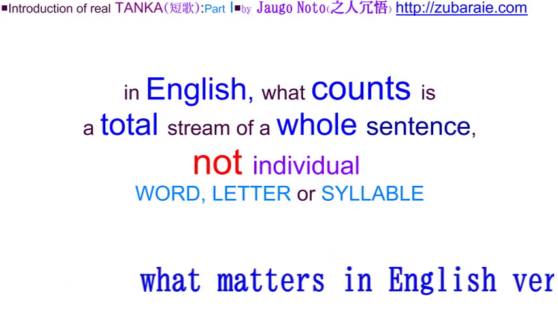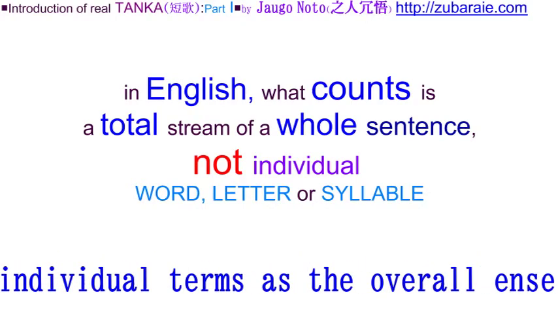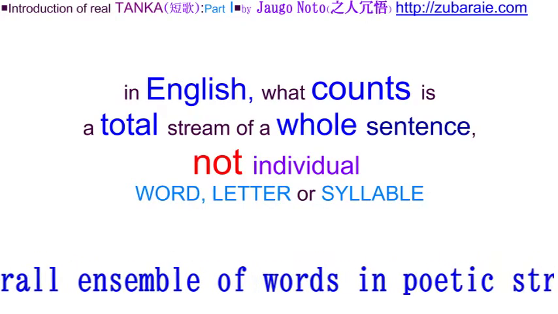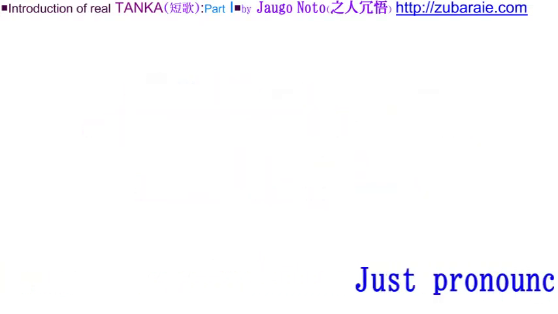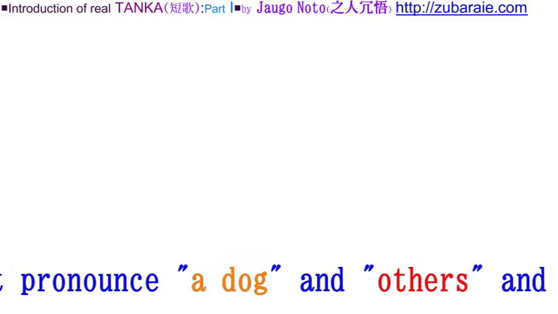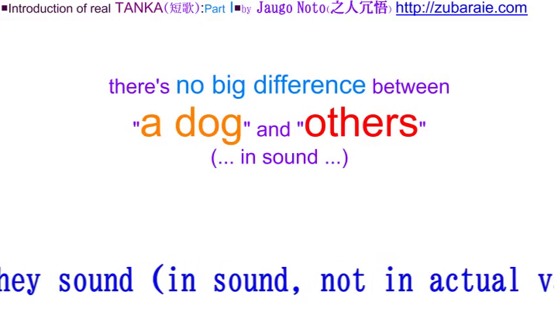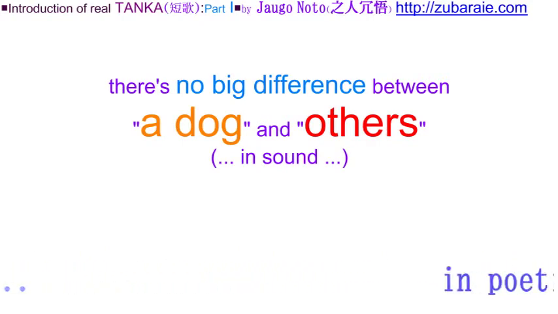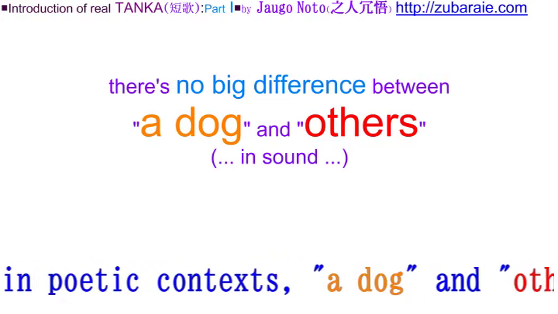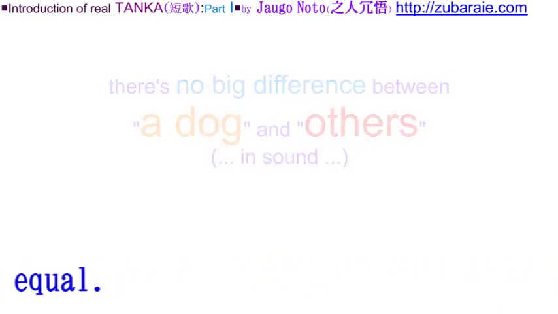What matters in English verse is not so much individual terms as the overall ensemble of words in poetic streams. Just pronounce a dog and others and see how similar they sound. In sound, not in actual value, I tell you. In poetic contexts, a dog and others are phonetically equal.